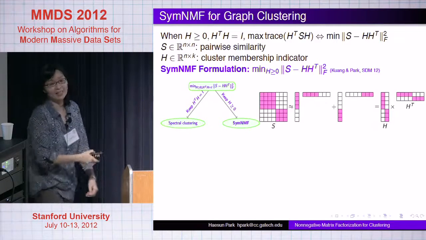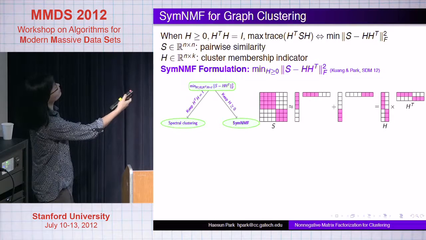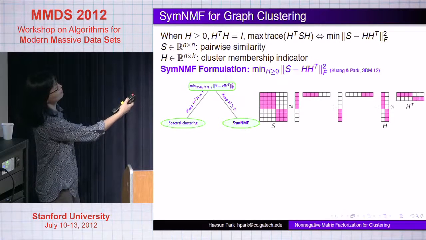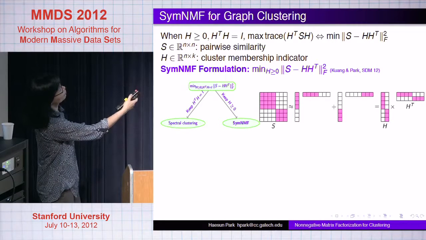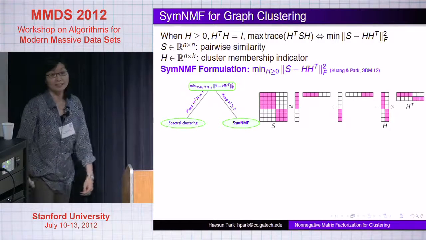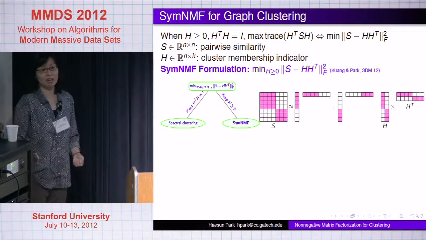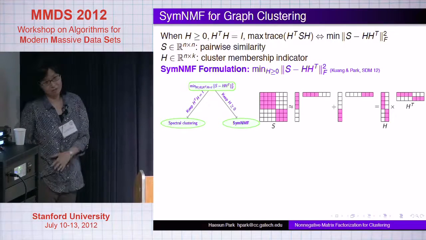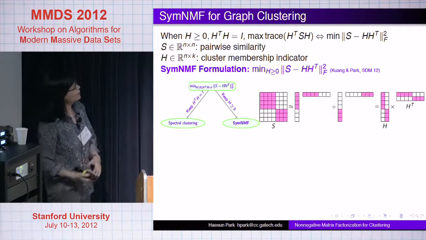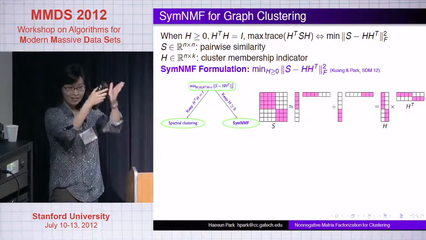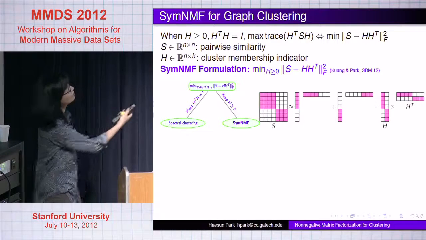Ignore non-negativity, just keep this, and then spectral clustering becomes just solving this problem with H transpose H as identity.